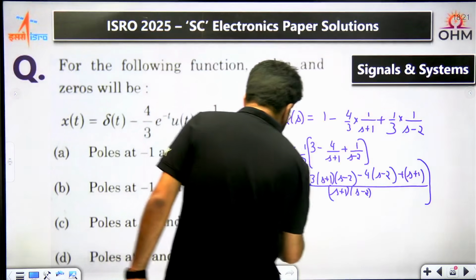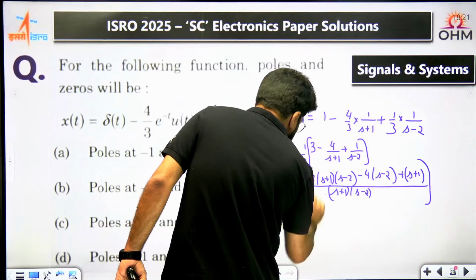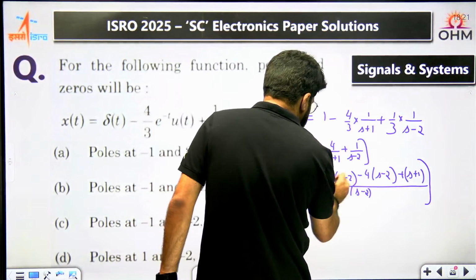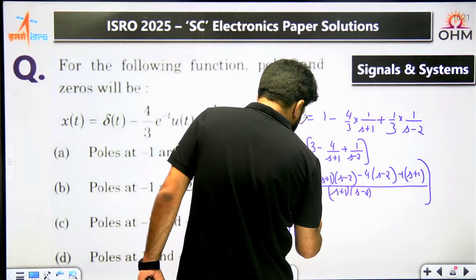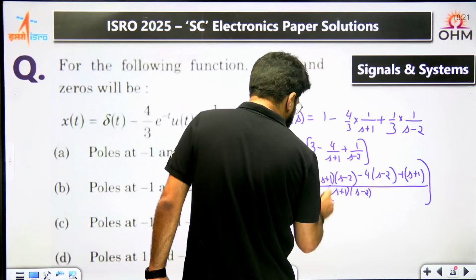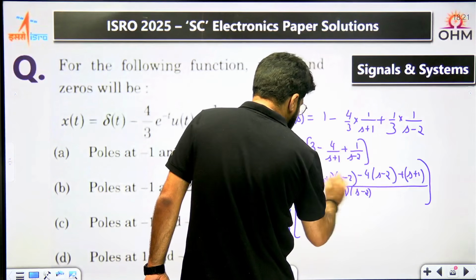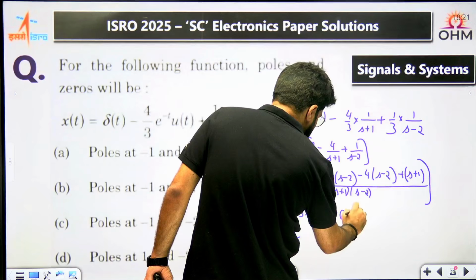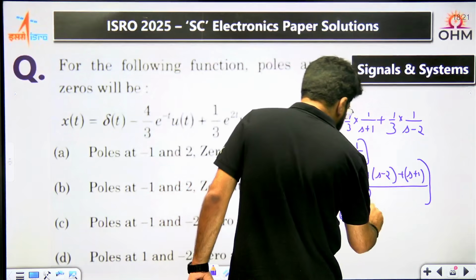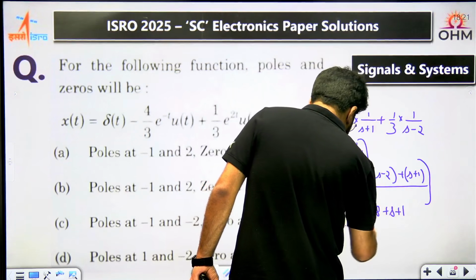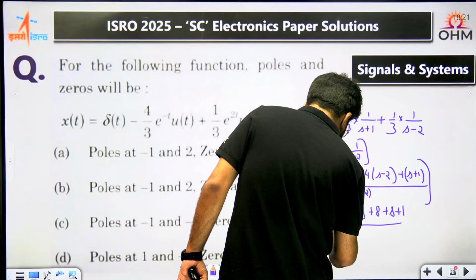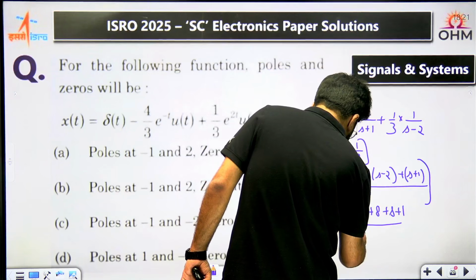Now just simplify the numerator: 3s square minus 3s minus 6, then minus 4s plus 8, plus s plus 1.